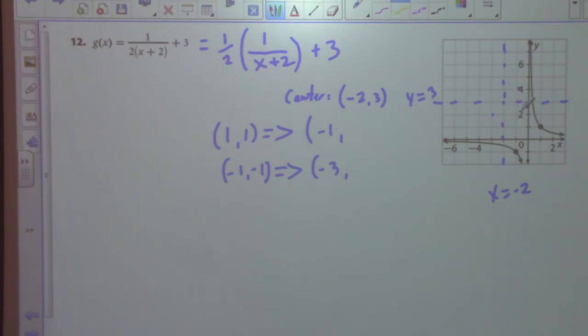Less than 1, yeah, exactly. So now we have this point right here that we translated, and then we go ahead and compress. So it goes right here, doesn't it? So that's going to be negative 1. What's going to be our y coordinate there? It's going to be 3.5. So I just put 3.5, right? And then this one here, the negative 3, and up here, we're going to go ahead like this, right? So 2.5.